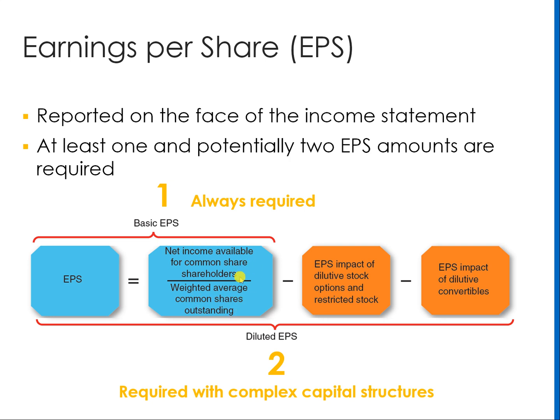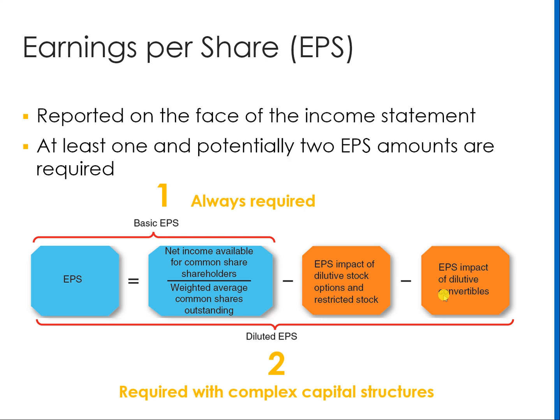We also have diluted earnings per share, which is required if the company has a complex capital structure. For example, any stock options and restricted stocks are potentially going to dilute common shares outstanding. Therefore, these effects will be considered in calculating diluted earnings per share.